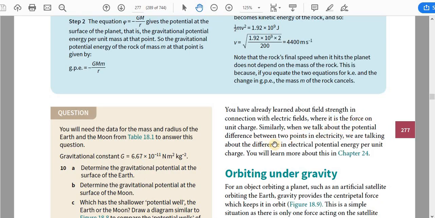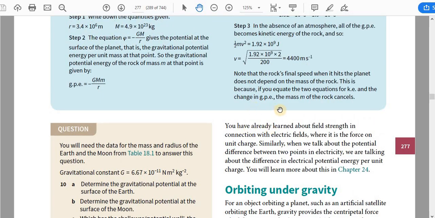Similarly, when we talk about potential difference between 2 points in electricity, we are talking about the difference in electric potential energy per unit charge. You remember V is equal to W over Q: the potential difference is equal to work done divided by charge, work done per unit charge. Similarly over here we have gravitational potential phi, which is equal to the gravitational potential energy divided by mass.